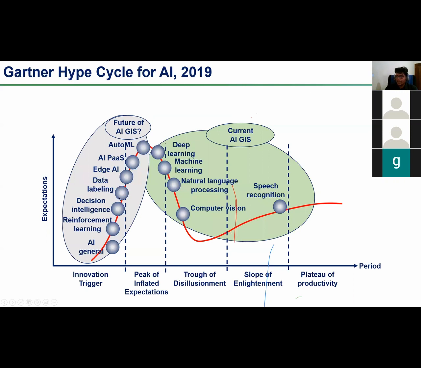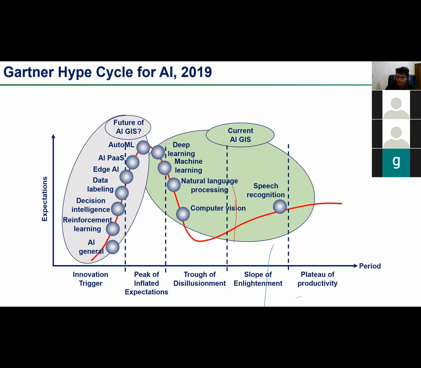But the peak comes at the point of inflated expectations. This is where people thought that AI would be able to behave like humans, and that was far from what we have achieved at the moment. In the 1980s, they thought that computers would behave like humans and interact with us, but that never happened.